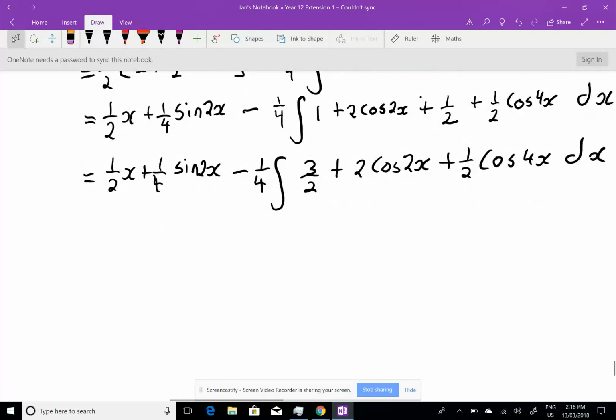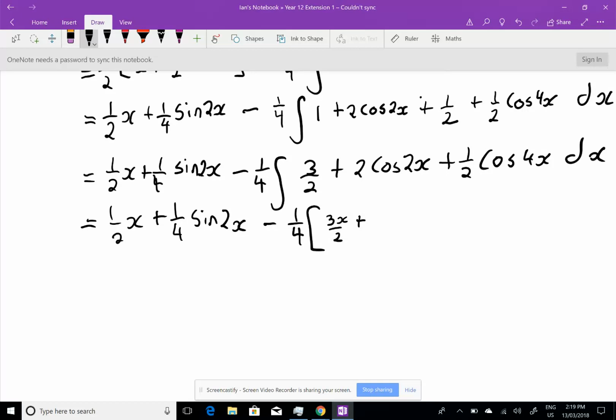We're almost there. So half x plus a quarter sine 2x minus a quarter, and I'm going to put all this in brackets because I've got to do it all through. Well, that's going to be 3x on 2. Now the integral of cos is sine.